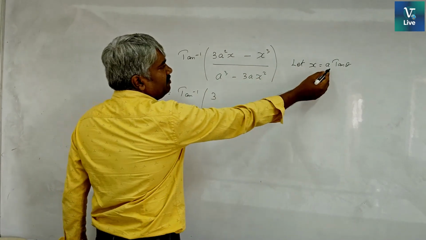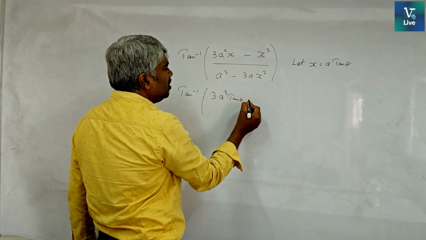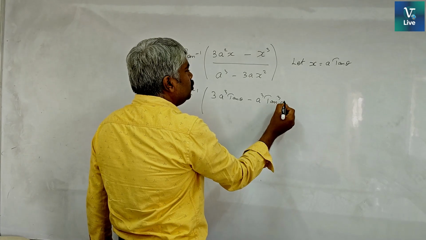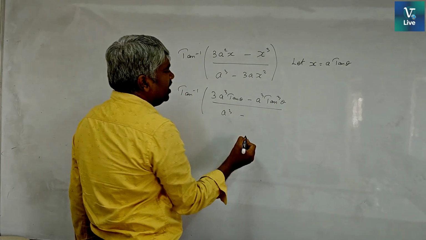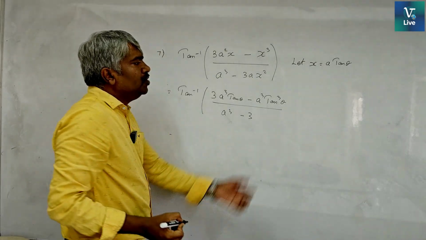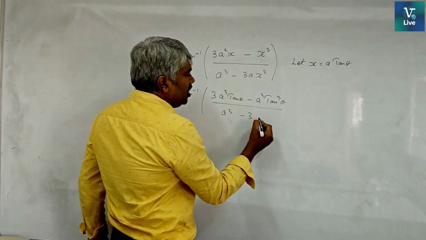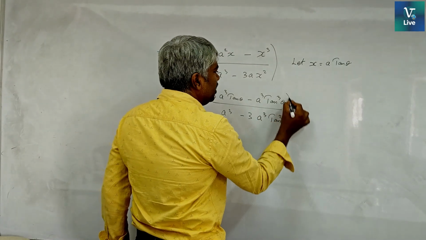Already you have a square. When you substitute another a, it becomes a cube tan theta minus a cube tan cube theta, whole divided by a cube minus 3. You have an a here. When you square this, you have another a square. Totally a cube tan square theta.